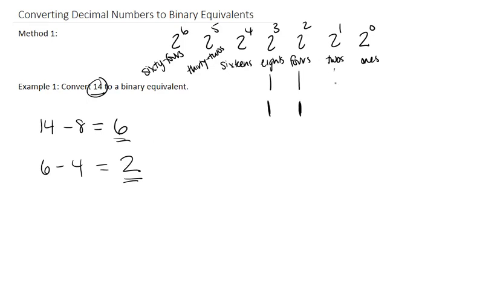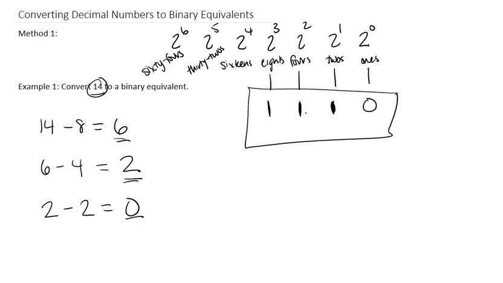And so we can take a whole 2 from this. So 2 minus 2 is then 0. Then we look at our 1 spot. We see we don't have anything left for our 1. So this is just a 0. As we can see, the number for our binary equivalent is 1110.